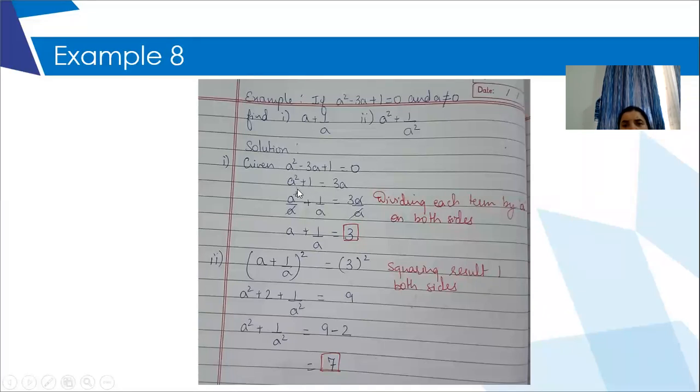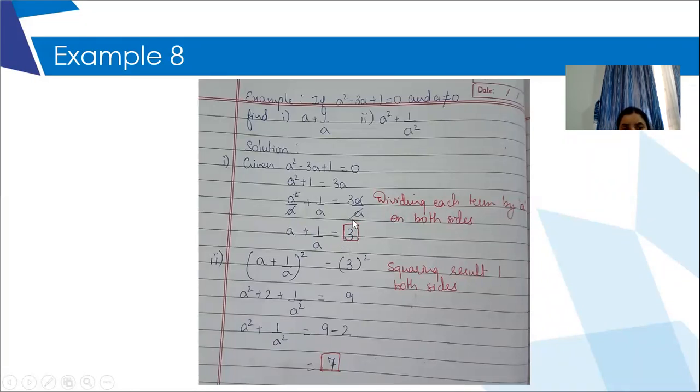So a square upon a plus 1 upon a is equal to 3a upon a. Now on the right side, a and a got cancelled. This 1 upon a will remain 1 upon a only. And in a square upon a, one of the a's will cancel and you will be left with a. So your left side becomes a plus 1 upon a is equal to 3. This is the value I have got.